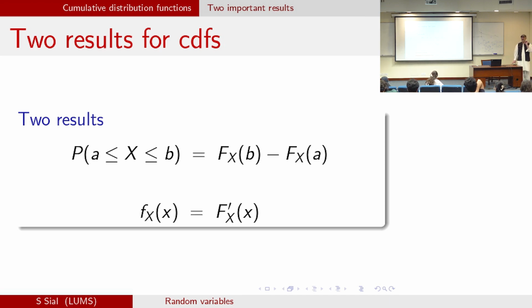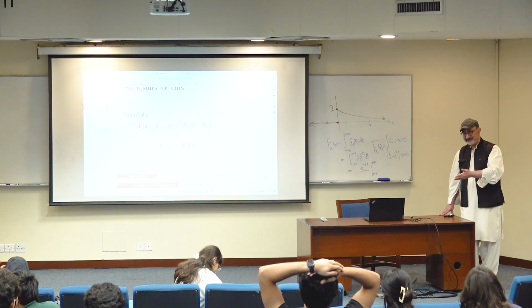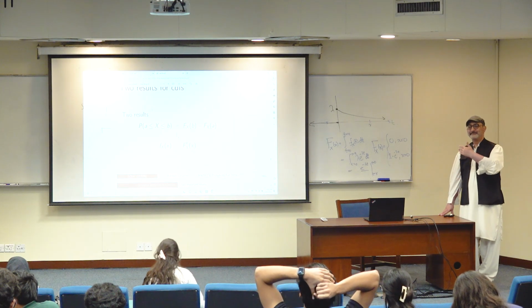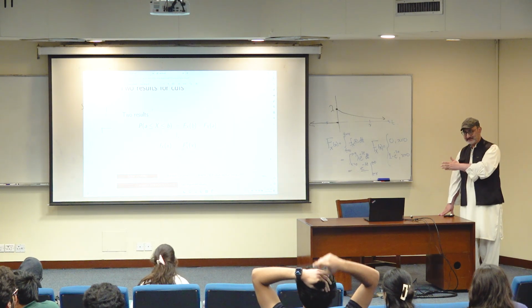If you were to take the CDF and differentiate it, that would give you the PDF. And now if you wanted to evaluate the probability between A and B, you could integrate that again. But since you already had the CDF, you could just take the CDF at B minus the CDF at A.